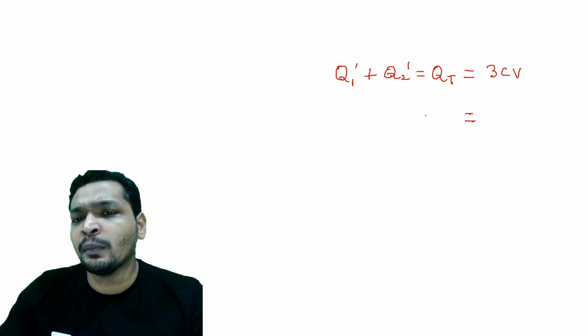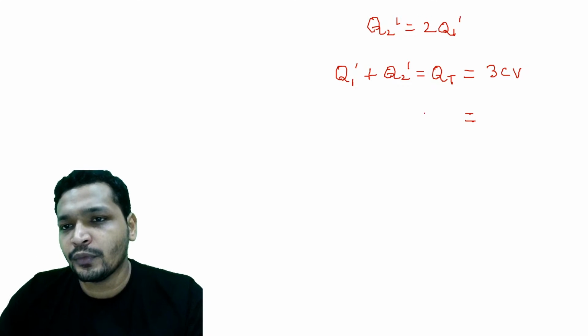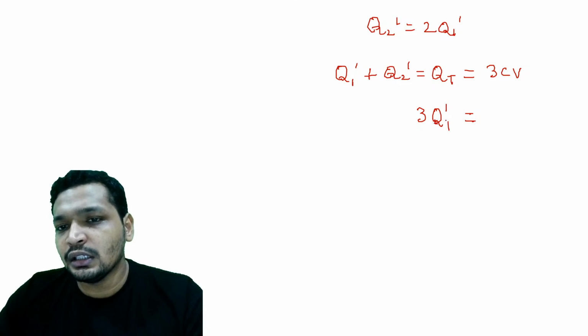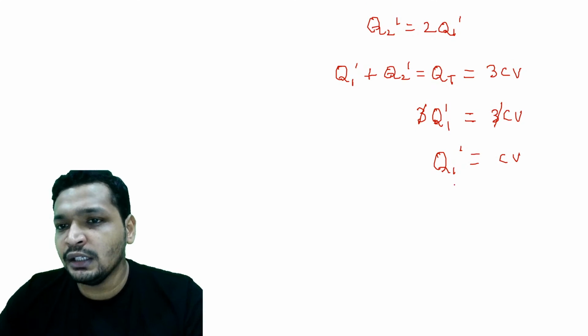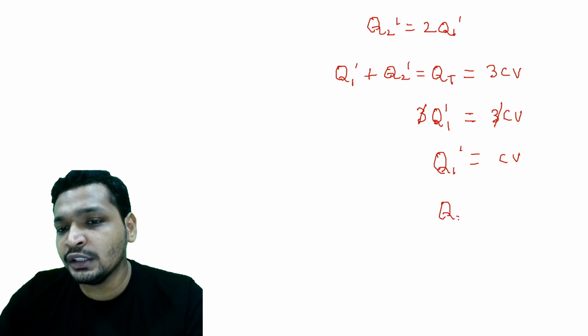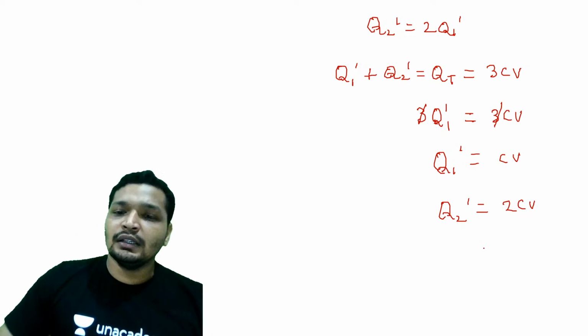Now, Q1 dash I'll just keep as Q1 dash, and we had the other result, that Q2 dash is equal to 2Q1 dash. That means 3Q1 dash is equal to 3CV. So Q1 dash is CV, the charge stored on the capacitor of capacitance C. And Q2 dash is 2CV.